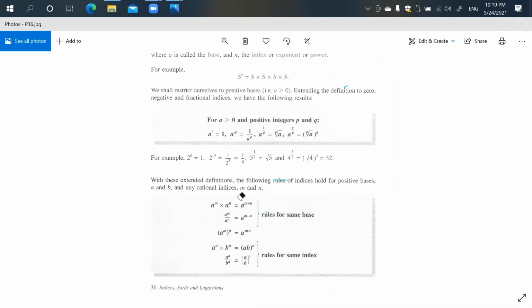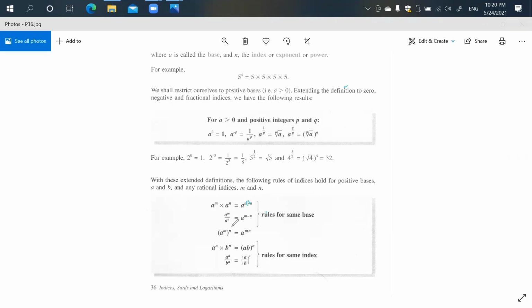See down here, a power m times a power n, this is a multiplication form, right? You observe same base, index plus. So a is the base, same base, so the index m becomes m plus n.